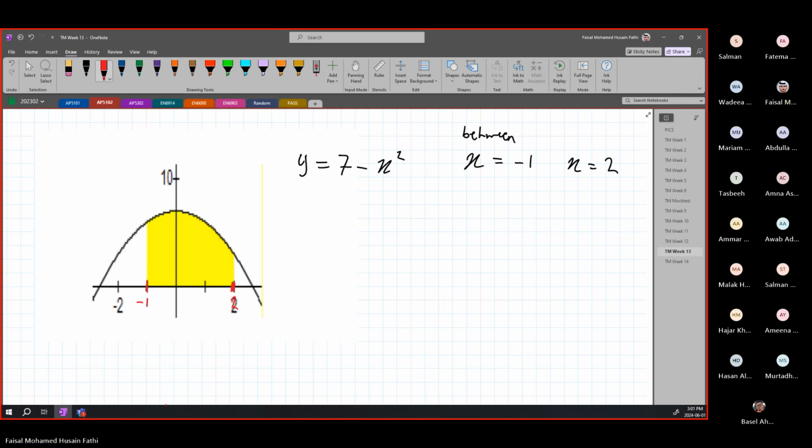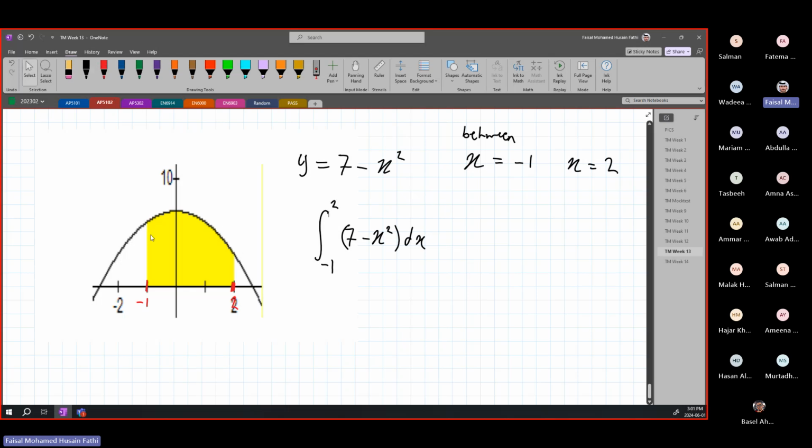Now, how do we do this? Again, very simply, all you do is integration of whatever your equation is, in this case 7 minus x squared dx, from the negative number up to 2. It's always going to be from the smallest to the biggest in the case of areas.